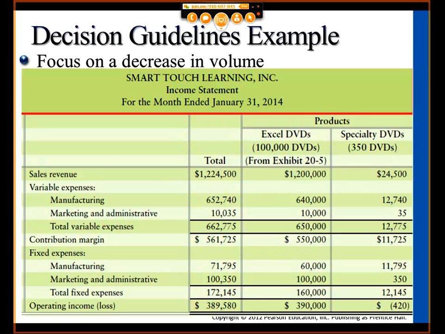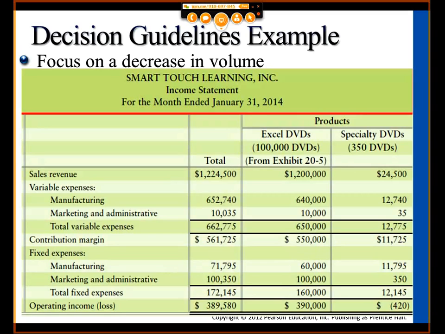So let's see, what is the difference here between our regular Excel DVDs and the specialty DVDs? What are we going to look at to make a decision? Well, first, if you notice, your operating income for the regular DVDs is $390,000. And for specialty DVDs, it's a loss of $420. So this should tell us something, right?